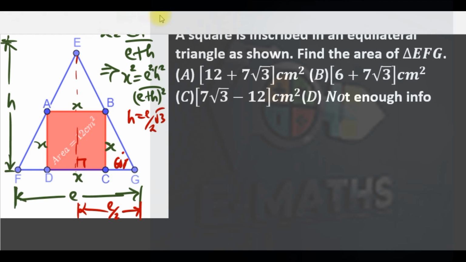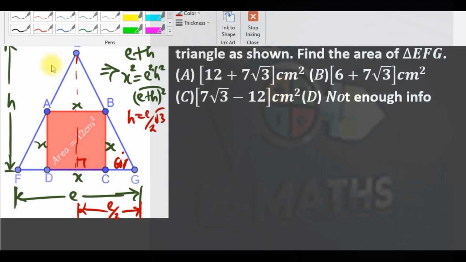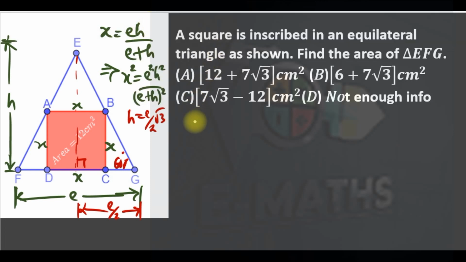So they gave us the area of the square. So from this, you know that we are now given the area of the square to be 12. So 12 is equal to E H squared.